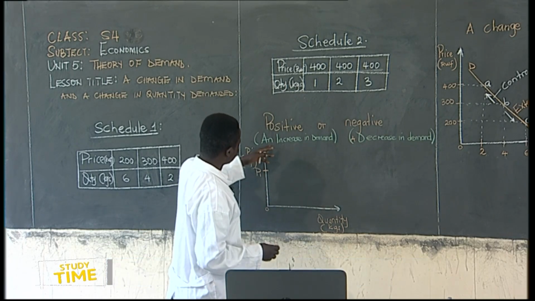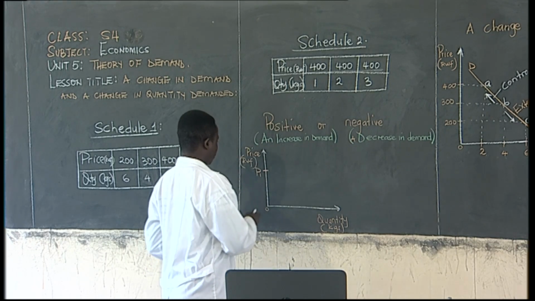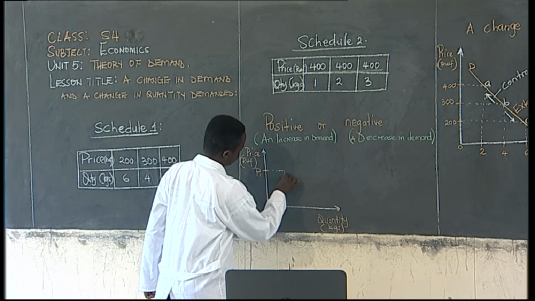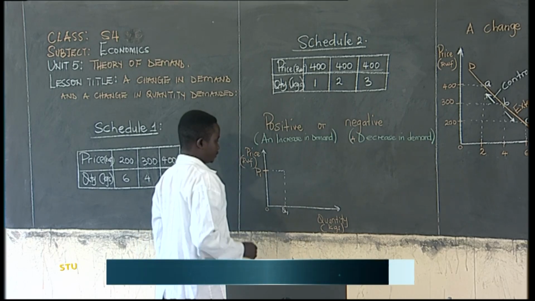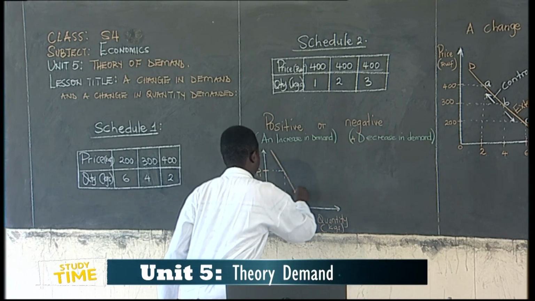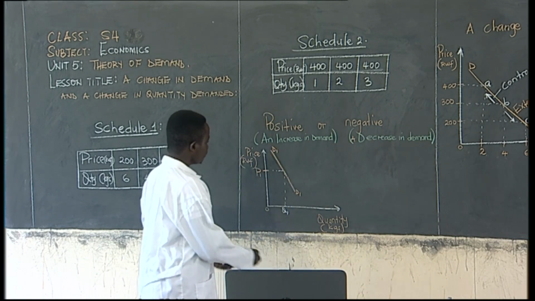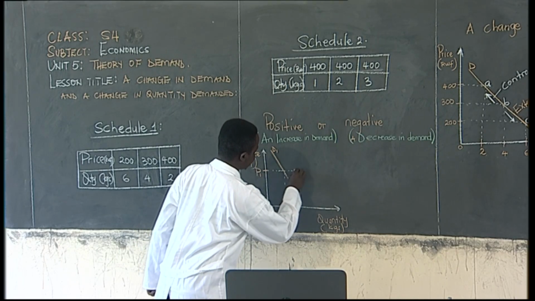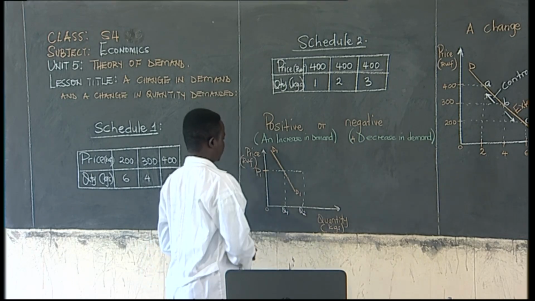And I want us to first illustrate an increase in demand. So, now assume that at this price 1, quantity demanded is Q1, and here we have our demand curve D1. And maybe quantity demanded has increased at a constant price, to Q2.